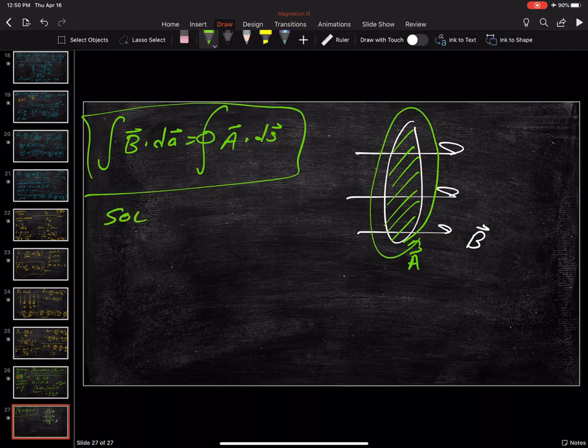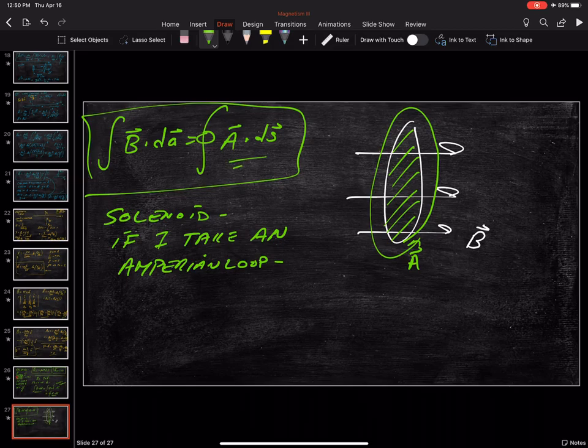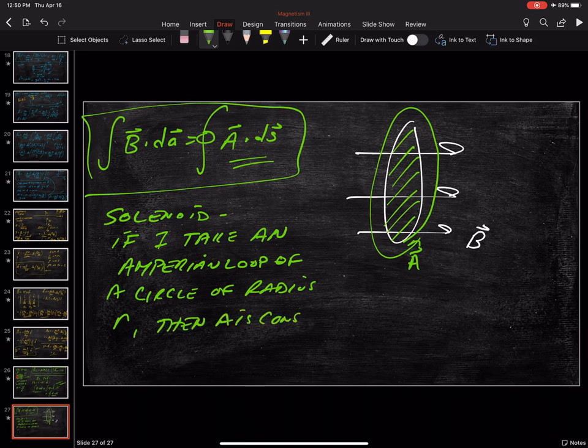For the solenoid, if I take an Amperian loop, notice this is very much like Ampere's law. If I take an Amperian loop of a circle of radius, say r, then A is constant on that loop.